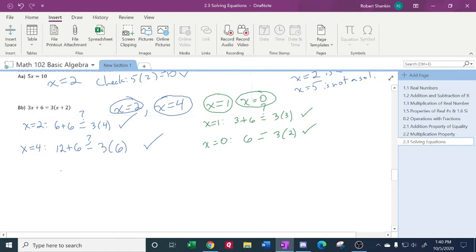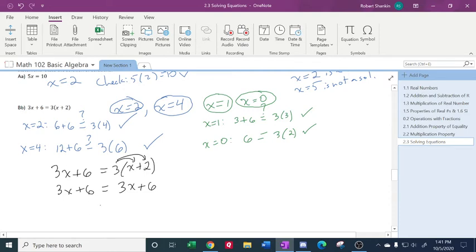So let's take the original problem, 3x plus 6 equals 3x plus 2. And probably many of you had done this. 3x plus 6, and you multiply this out, and it equals 3x plus 6.